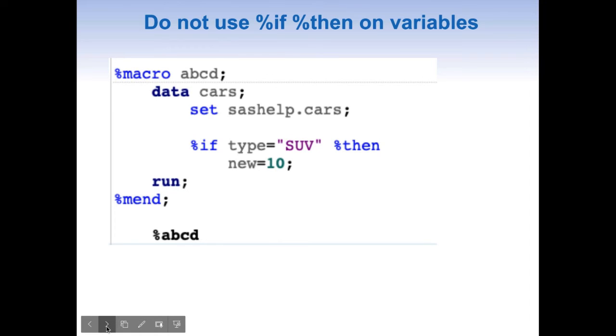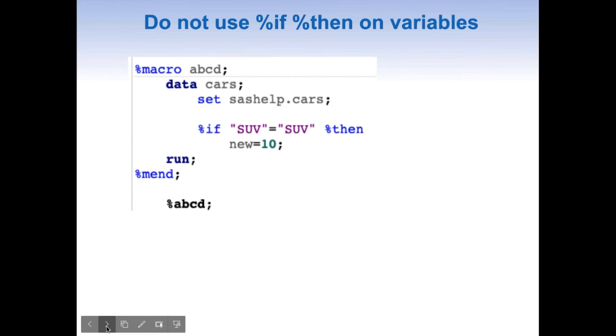Now let us try to understand this even better by looking into a similar macro, but here I have my percent if statement changed. Here I am saying percent if quotes SUV equal to quotes SUV percent then new equal to 10. When we execute this macro, this percent if statement runs first. As I've said to you very many times, this percent symbol is known as a macro trigger and it runs first.